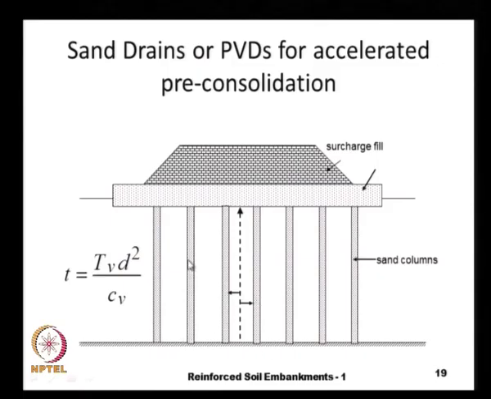If we do not have any sand drains, the water particle has to travel this much length to escape from the ground, whereas if we install these sand columns, the maximum length that a water particle has to travel is only this much, a very small length. Because of that the time for consolidation reduces drastically, because the time is directly proportional to d square.